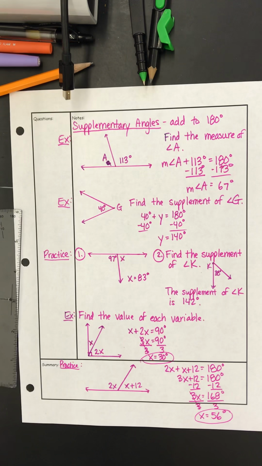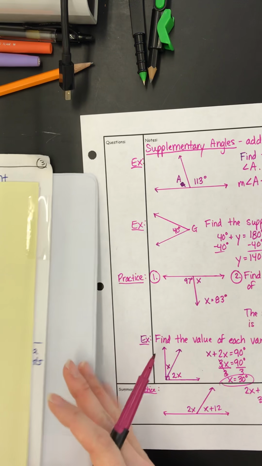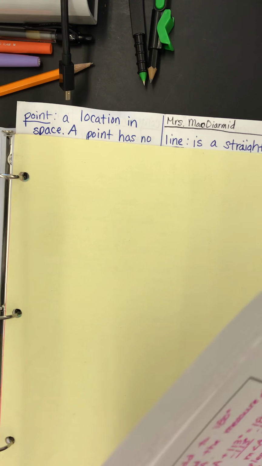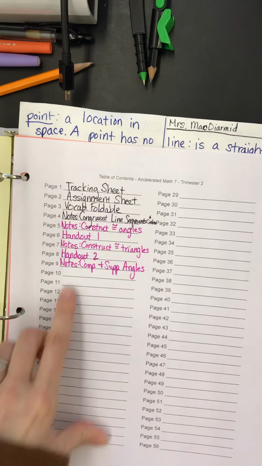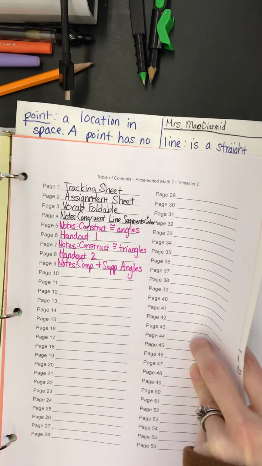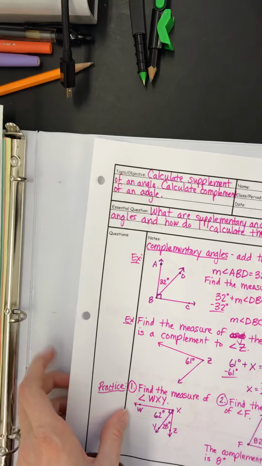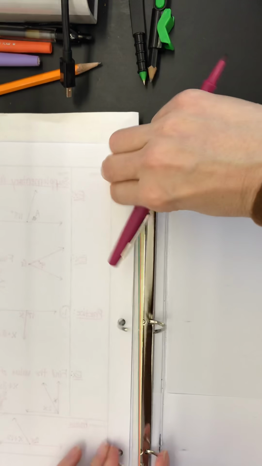So let's go ahead and put all of these things into our math notebook. Your note sheet should be two-sided, but mine was not. So that is page 9, you've already written in it. It should just go after these pages here. So we have that in our binder now.